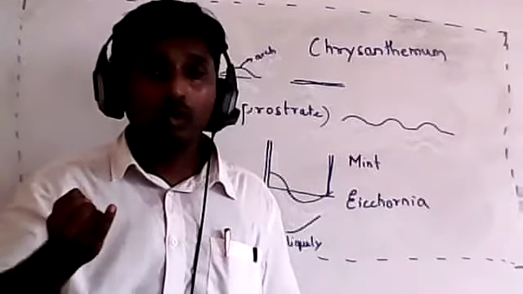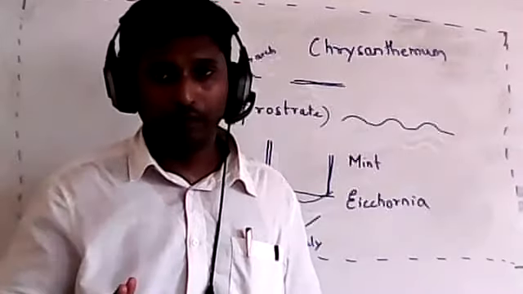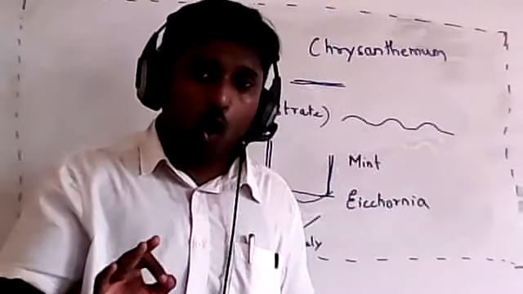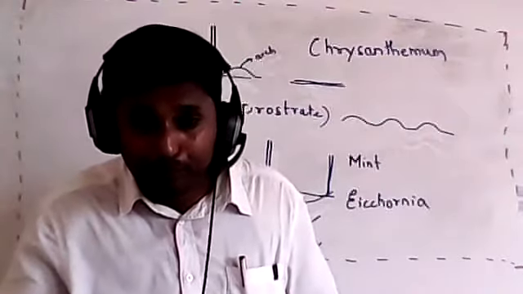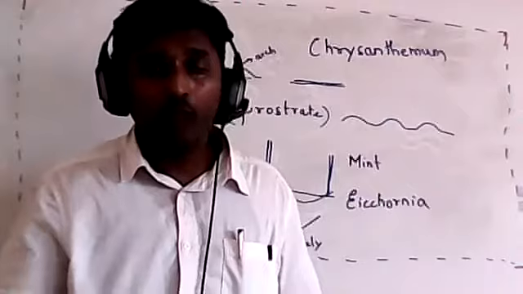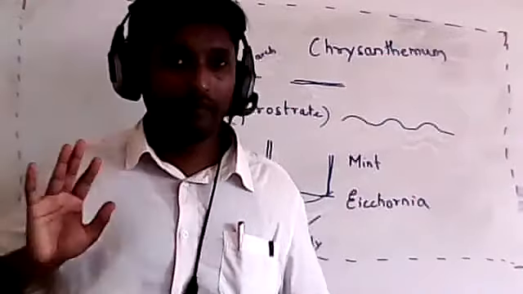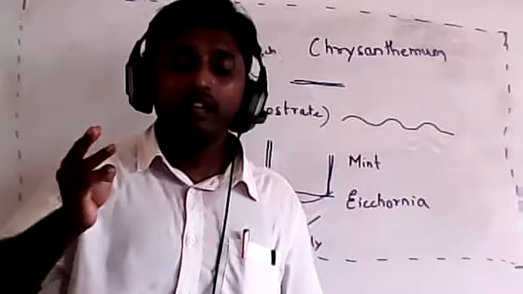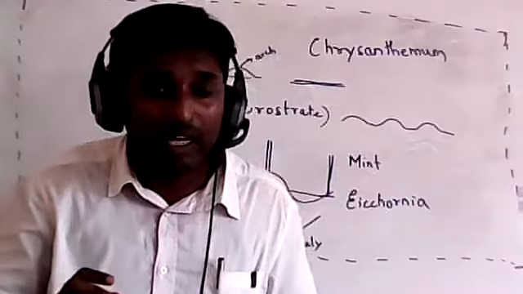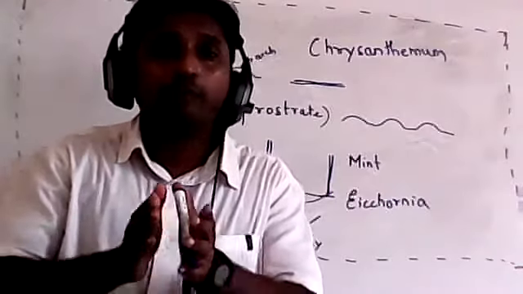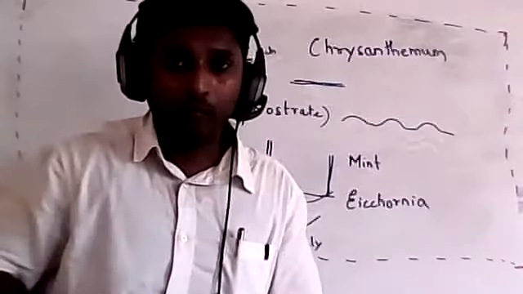So what you have to understand is that runner, sucker, stolon and offset are all lateral branches which are arising from the main stem. In runner, sucker and stolon there are multiple nodes and internodes.